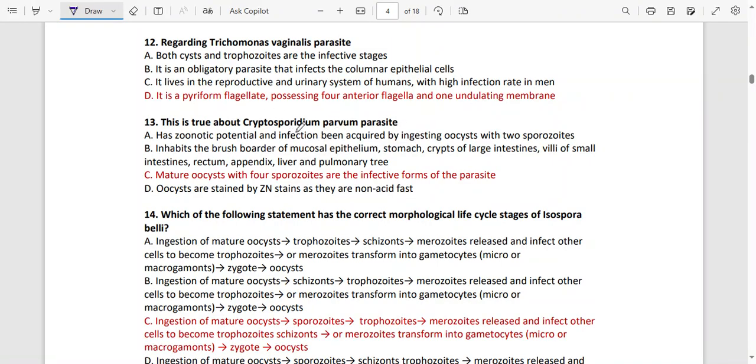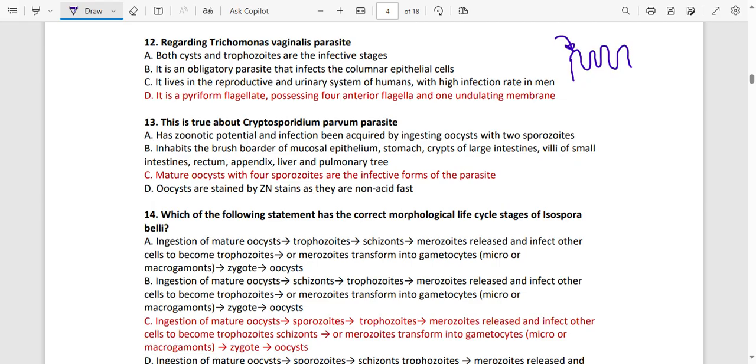So Cryptosporidium is going to infect the brush border cells, the brush border of the mucosal epithelium. You know, the brush border, you have got these cells like this. So just there, it will be infecting that. And specifically, it is infecting the brush border of the mucosal epithelium of the stomach, the crypts of the large intestines, the villus of the small intestines, the rectum, the appendix, and the pulmonary tree.